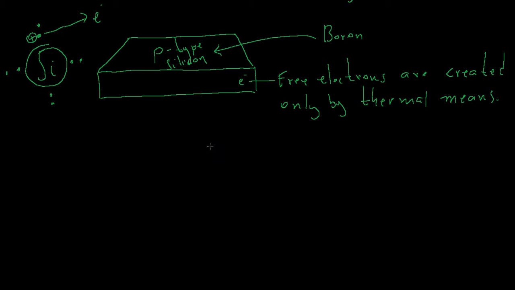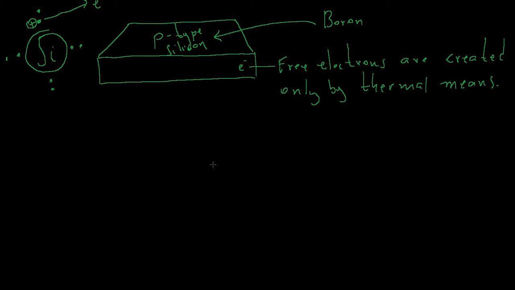So if we want to find out what is the concentration of free electrons here, we can use the equation. So we have P sub P, which is the concentration of holes for P-type. Multiply this by N sub P, which is the concentration of free electrons for P-type, and this is still equal to Ni squared.